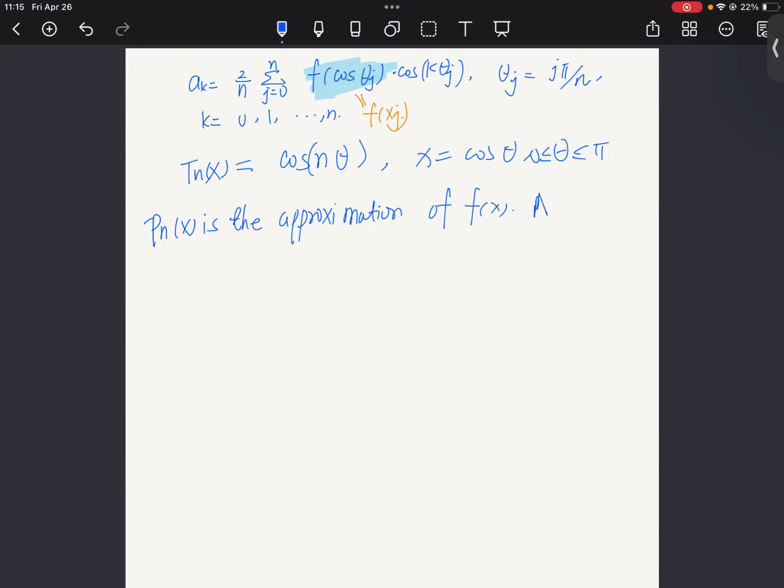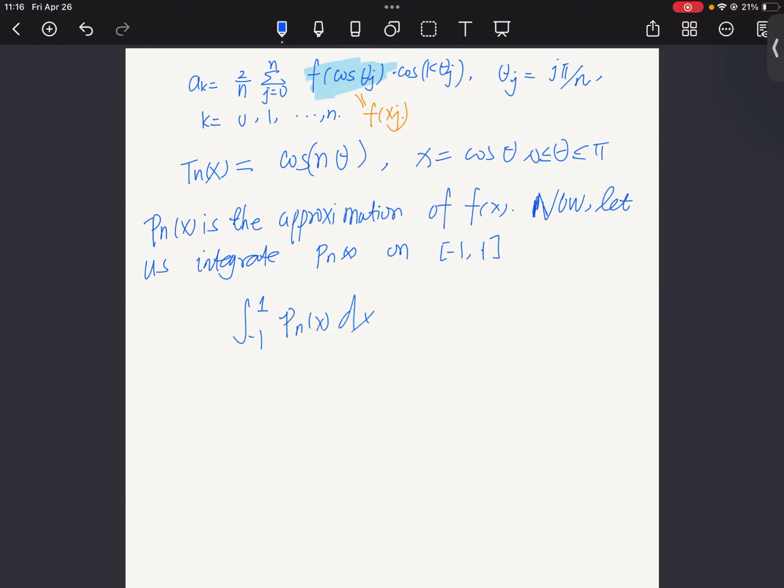Now let us integrate Pn(x), the interpolation on the interval a and b. Because here we just work on the simple case, that is just -1 and 1, which means we are going to do this integration, the integral of Pn(x) dx.